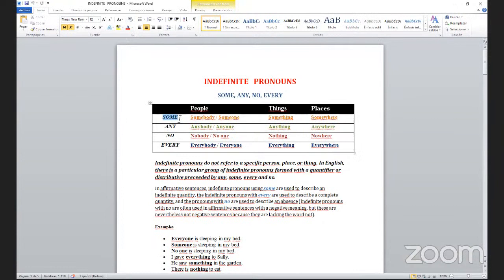If we use some, when we talk about people, we're gonna use somebody or someone, okay? Both are correct. If we talk about things, something, or places, somewhere. Any, it's the same.